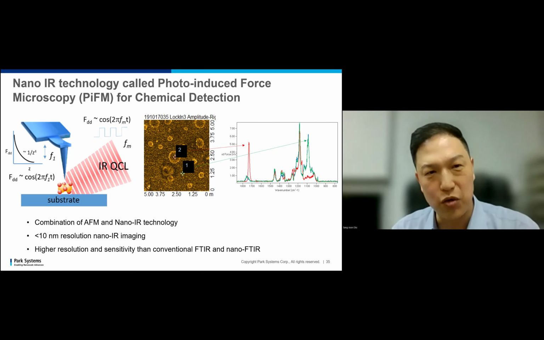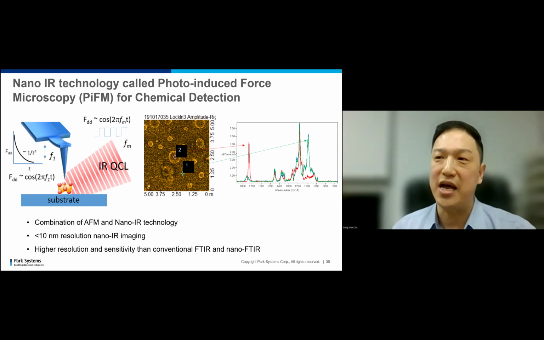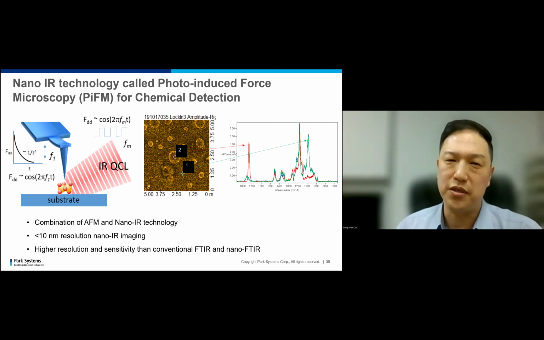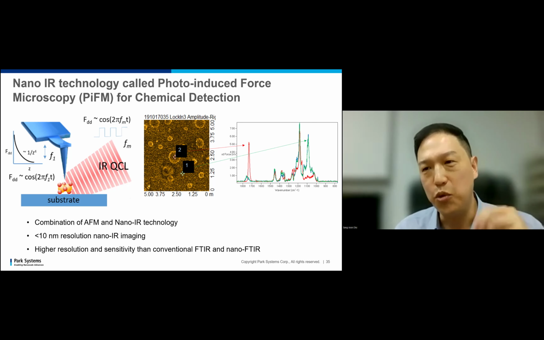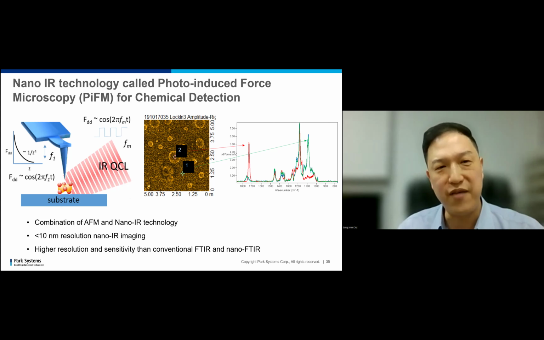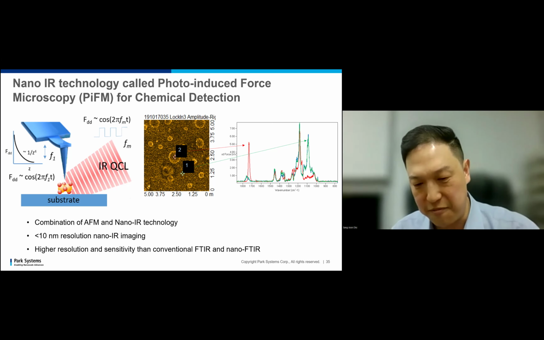By measuring the power of this induced force as a function of wavenumber, we can acquire the photo-induced force IR spectrum, which correlates well with FTIR data. The important thing is that most spectroscopy uses a photodetector as a sensor, which significantly limits the lateral resolution. The most significant difference is that PiFM uses the tip as a sensor, enabling us to analyze with excellent resolution, even less than 5 nanometers.